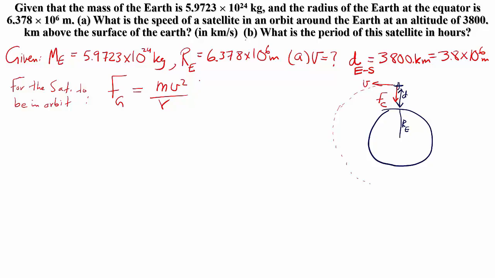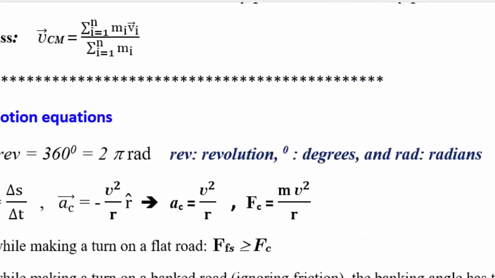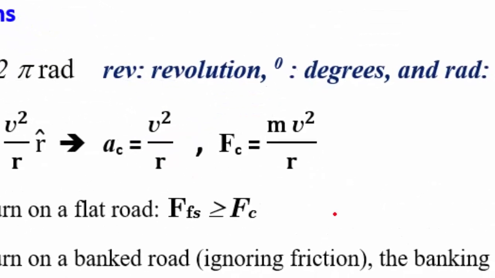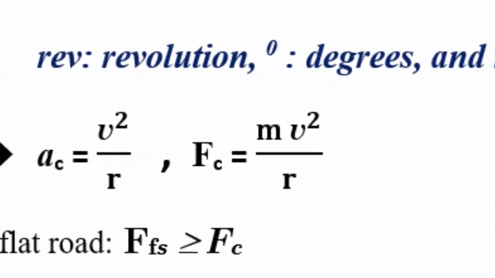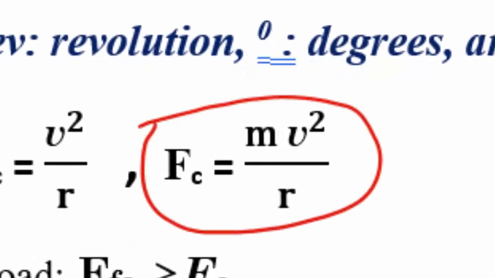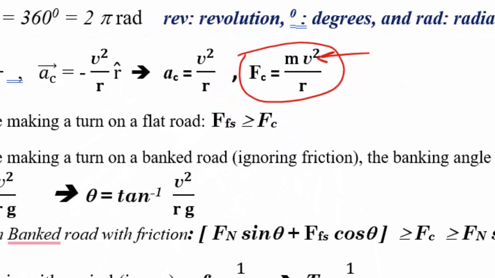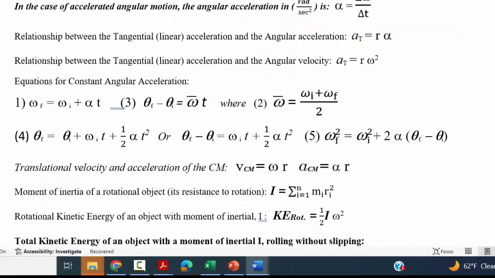Now, if we go back here to the equations, if you look at the formula sheet, suppose you forgot the centripetal force formula. This is the centripetal force formula here. So we know this is the formula that has the velocity related to the centripetal force. And if you forgot the force of gravity, you have it here in the formula sheet.